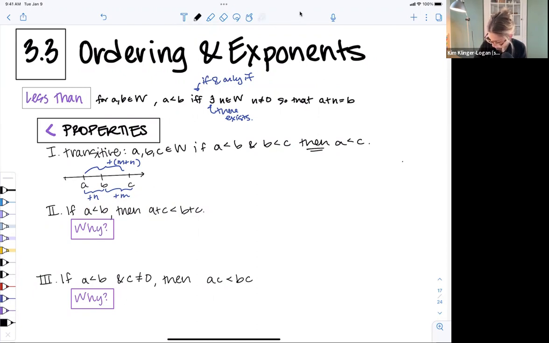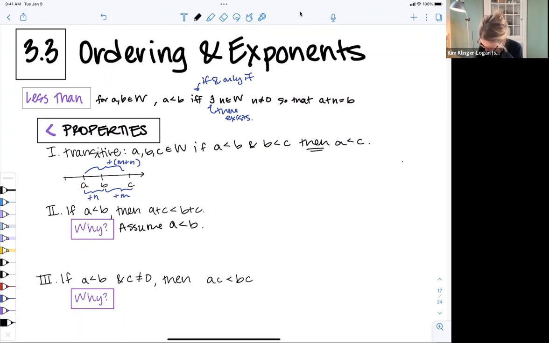If we want to explain why something that's an if-then statement is true, I want to start off by assuming that this is true. So, supposing that A is less than B, what I want to show is that A plus C is less than B plus C. And this is for A, B, and C being whole numbers.